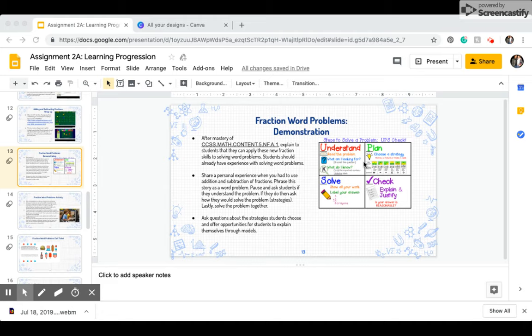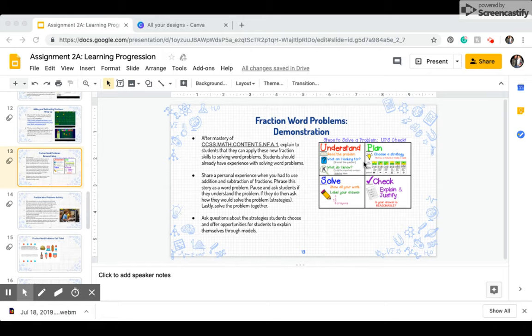Another mathematical practice standard is using appropriate tools strategically. So when we're asking students for their help and what their strategies would be, they need to pull on their prior knowledge, the strategies and tools that they have, to say, well, we could do this to make the fractions equivalent.